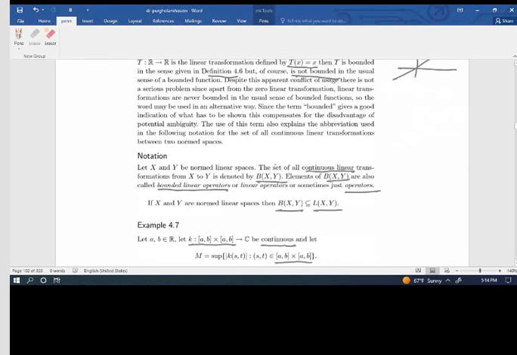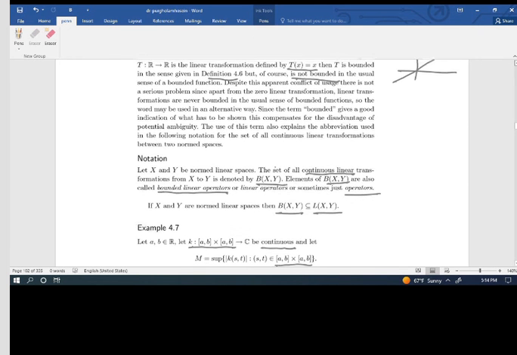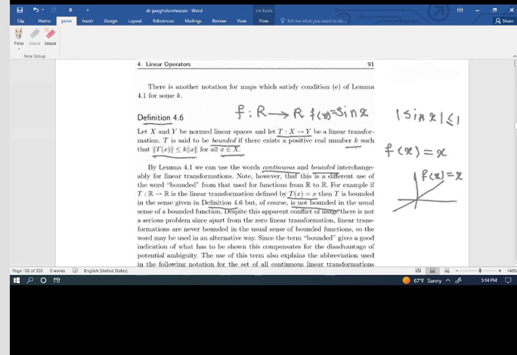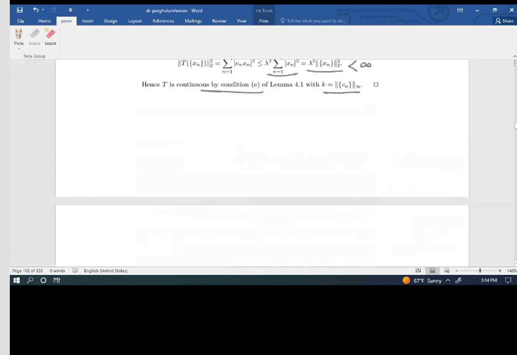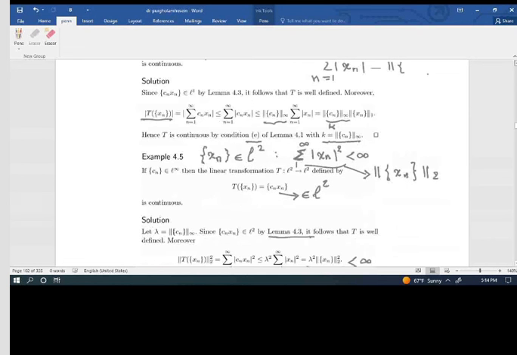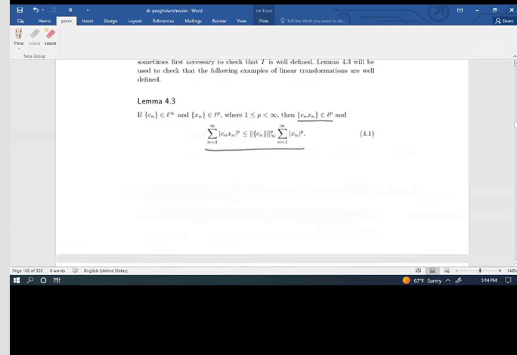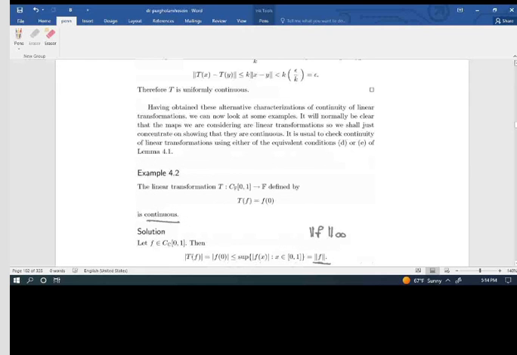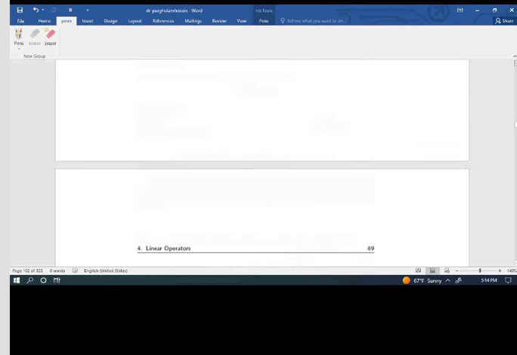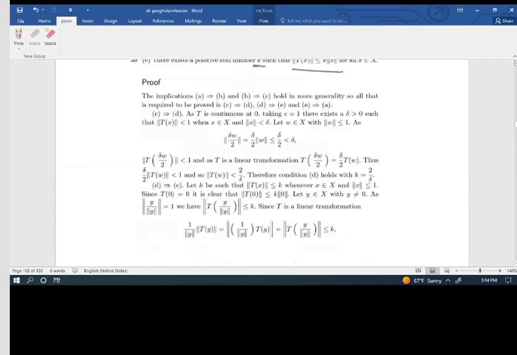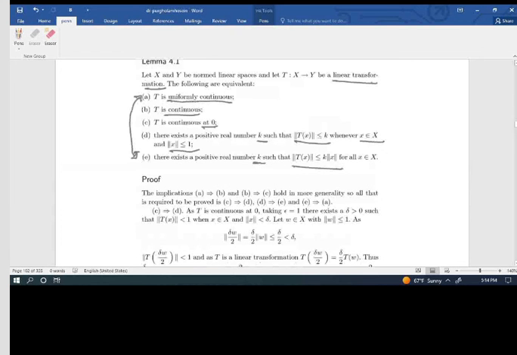The set of all continuous... being continuous in the previous theorem, here we have 5 conditions that are equivalent.